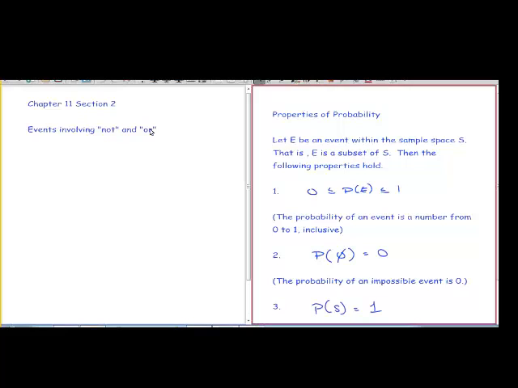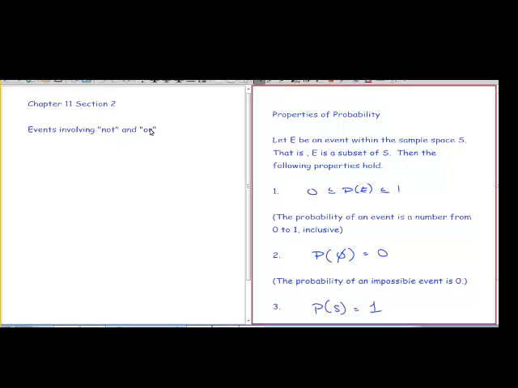So this is just the word representation of what this says. The probability of an event is a number from 0 to 1, inclusive, meaning it can be either 0, or it could be 1, or anywhere in between. The probability of an impossible event is 0. The probability of me living forever is 0. And use this 0 with a line through it, which in set theory means the null set.